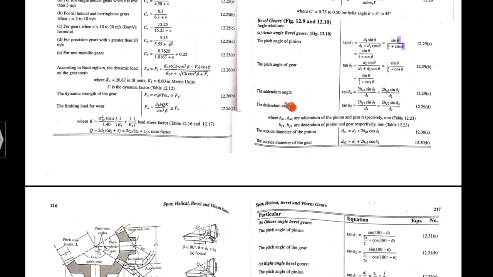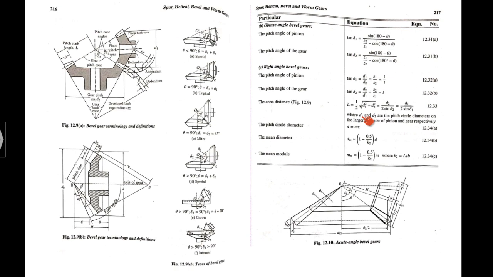Suppose the angle between the shafts is obtuse, greater than 90 degrees, you will be using equations 12.31a and 12.31b to calculate the values of delta 1 and delta 2. And if it is 90 degrees, we will be using equations 12.32a and 12.32b.